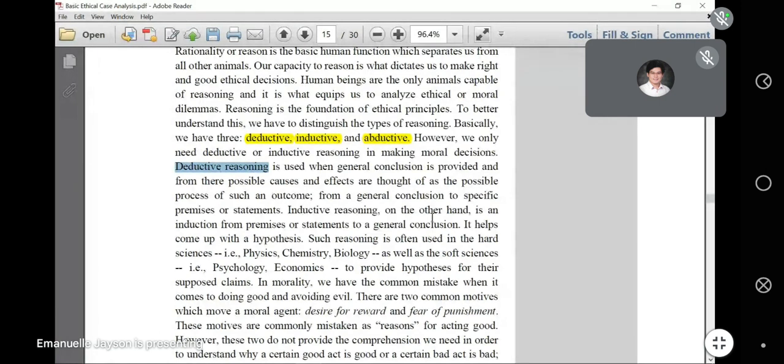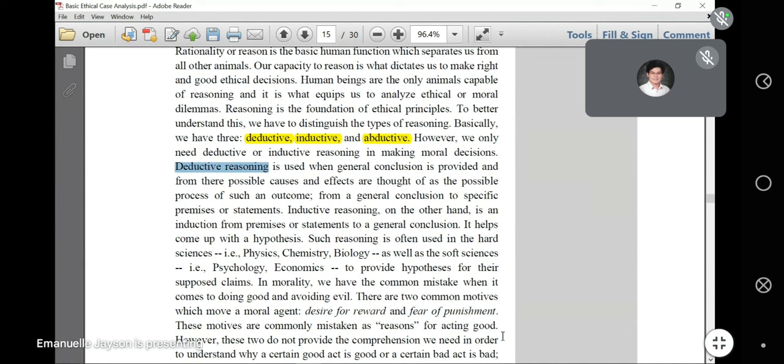Because her children are starving to death. Is it ethical or moral to steal when your children are starving to death? Siyempre, ang sagot doon, no. Pero it is the lesser evil. It is the lesser evil.